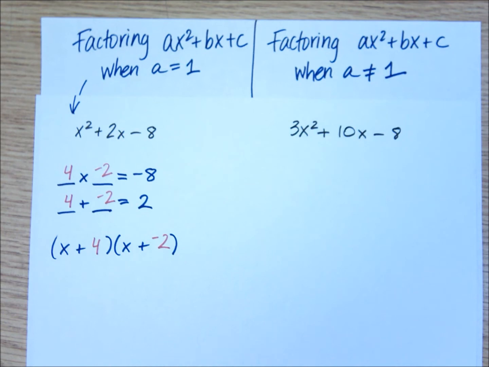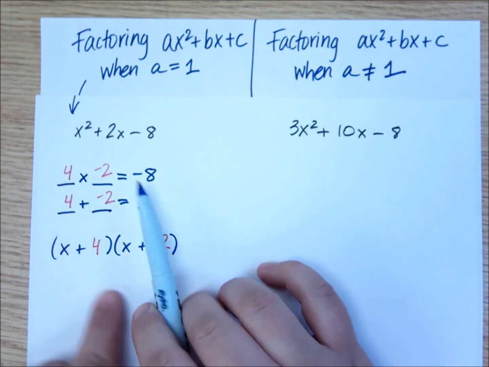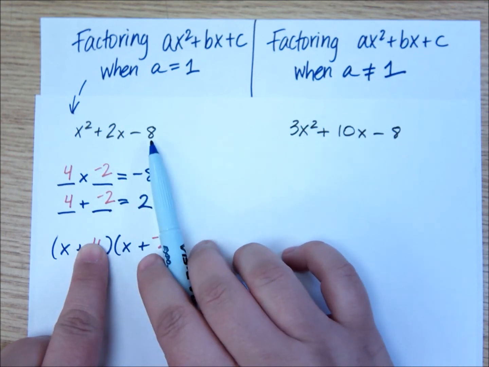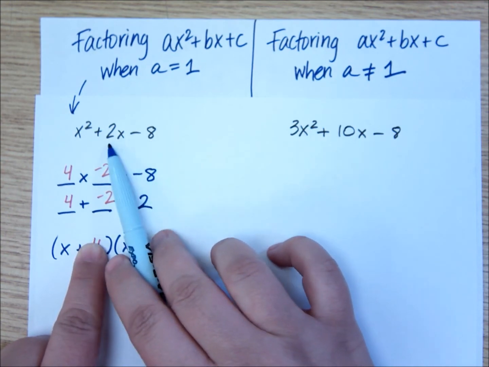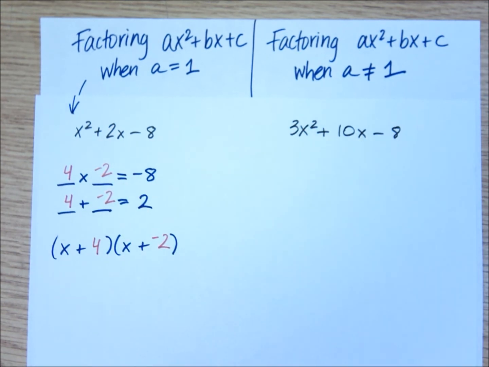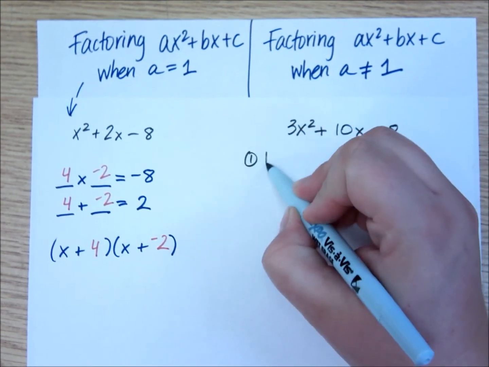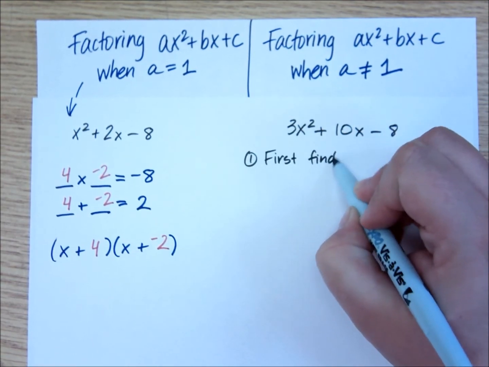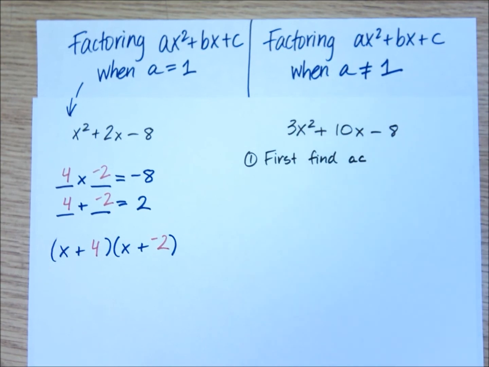So here we go. As opposed to over here, where I had to find two numbers that multiply to give me c and add to give me b, this one starts out by first multiplying my a and my c.